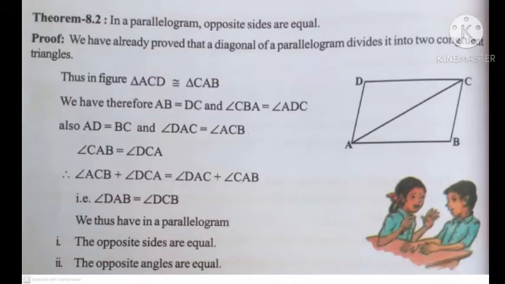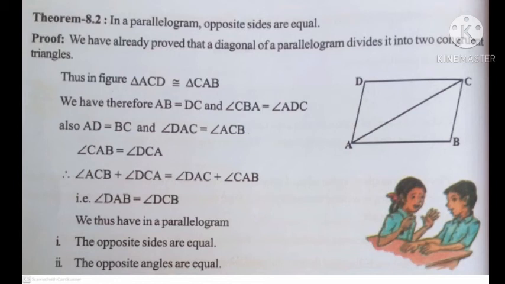Next theorem, in a parallelogram, opposite sides are equal. Proof. We have already proved that a diagonal of a parallelogram divides it into two congruent triangles. Thus, in the figure, triangle ACD is congruent to triangle CAB according to the ASA congruence rule.